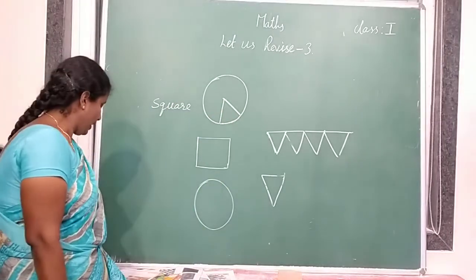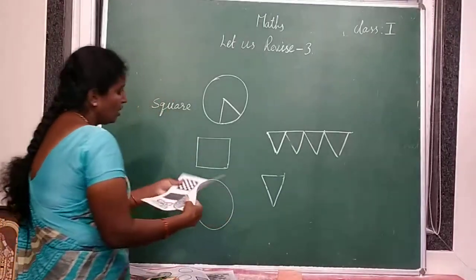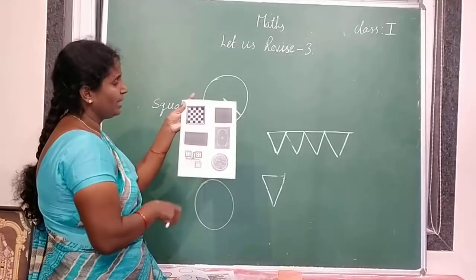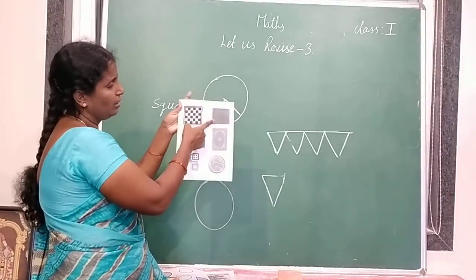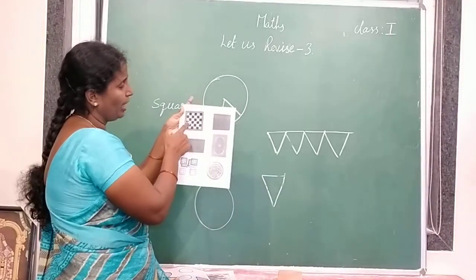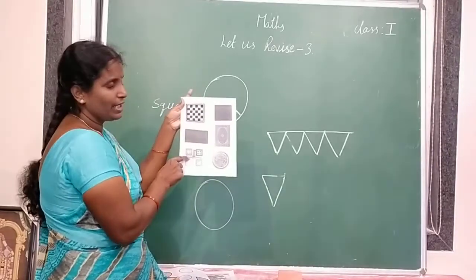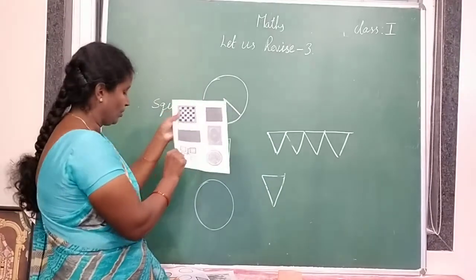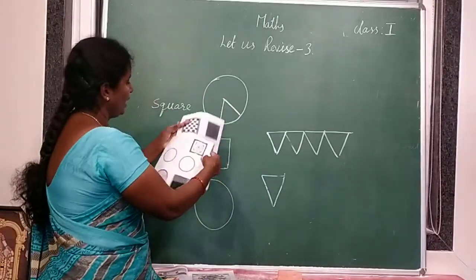Understood? Next, in this, how many squares are there? 1, 2, 3. 3 squares. And here, are there any squares?